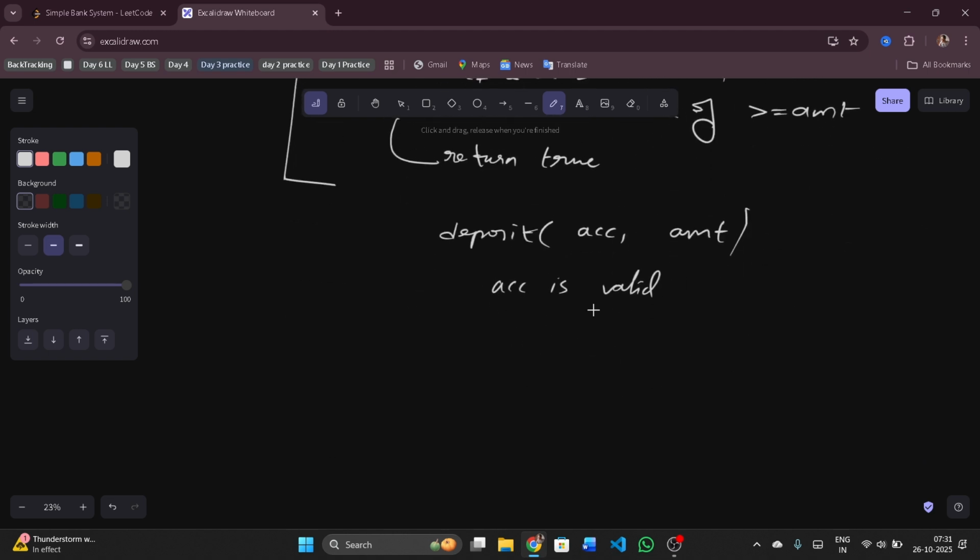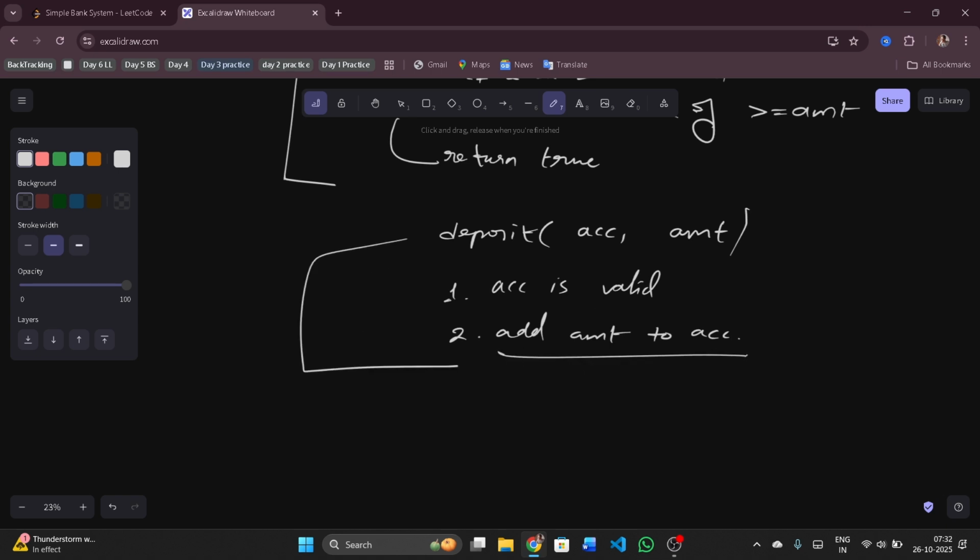That's what checking whether the account is valid means. Now we are depositing some amount of money to the account. If the account is not valid, we will return false. If the account is valid, then add amount to the account and return true.